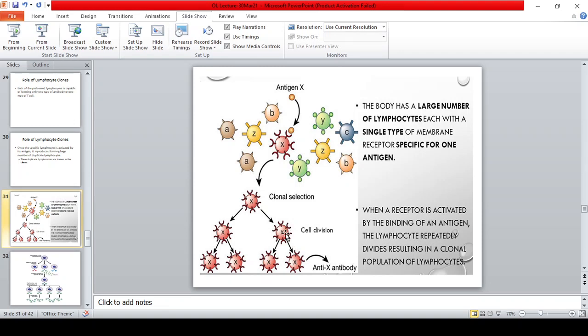So when a receptor is activated by the binding of a specific antigen, the lymphocyte repeatedly divides, resulting in a clonal population of daughter lymphocytes which are very similar to the parent lymphocyte.